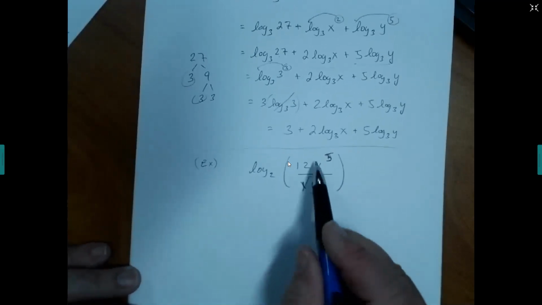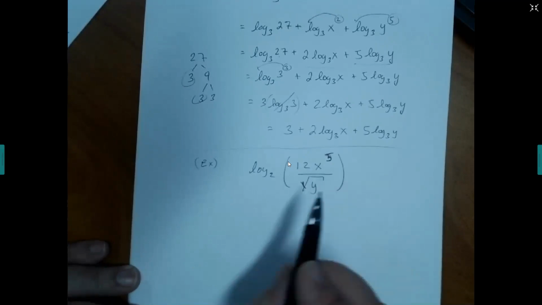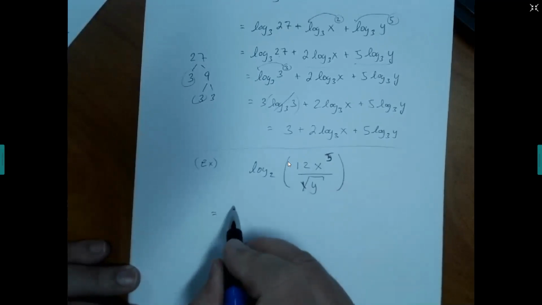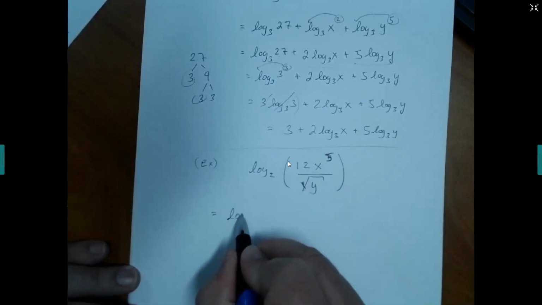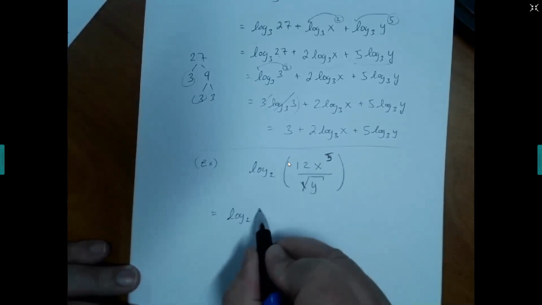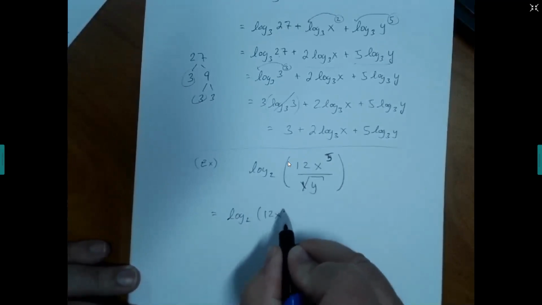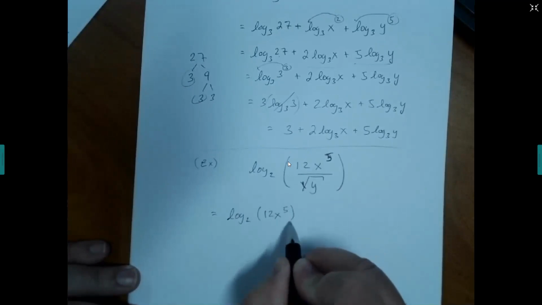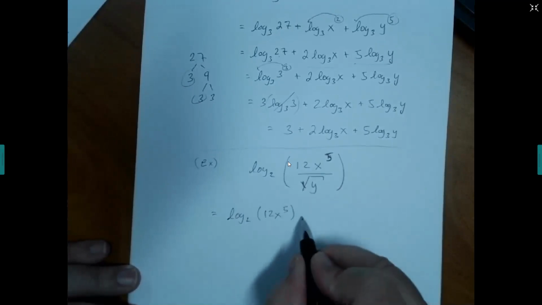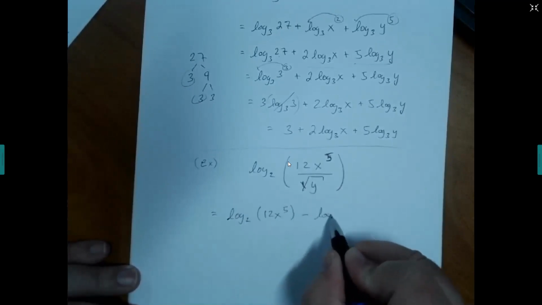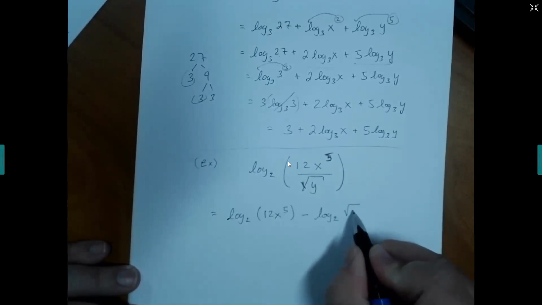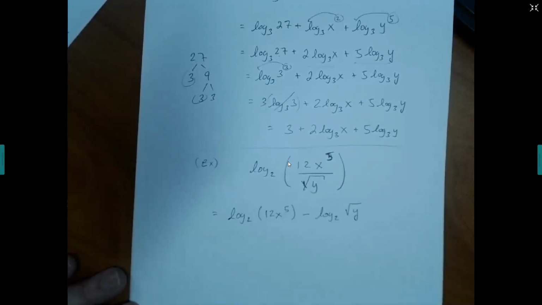Now, first thing, since we have a fraction, let's get rid of the fraction. The way we do that, since we're dealing with logarithms, we take the numerator, 12x to the 5th, minus log base 2 of square root of y. That's the first thing we do.